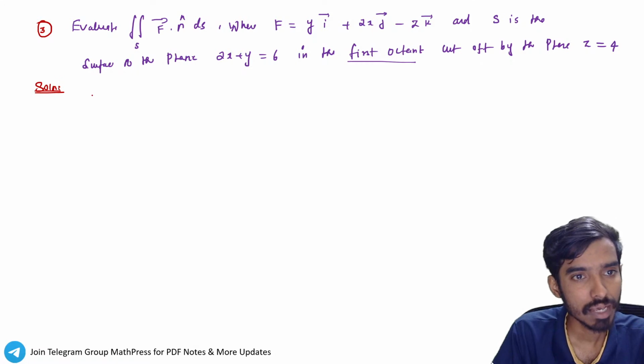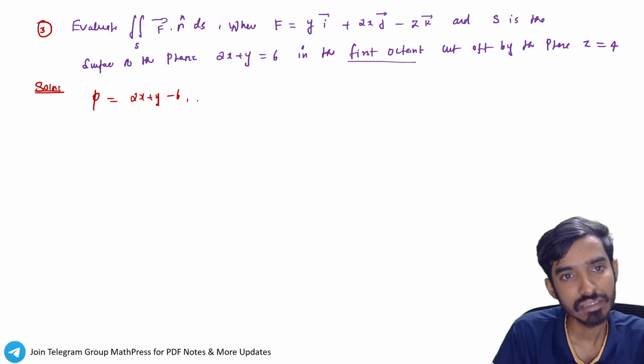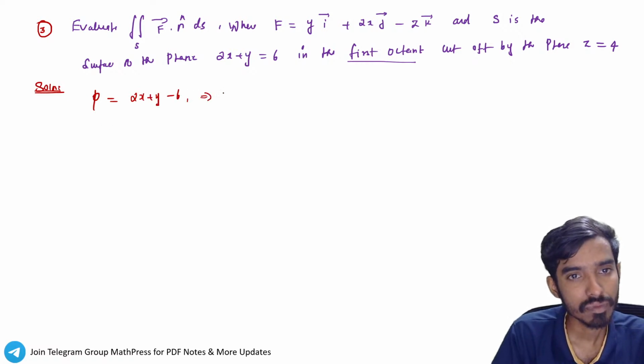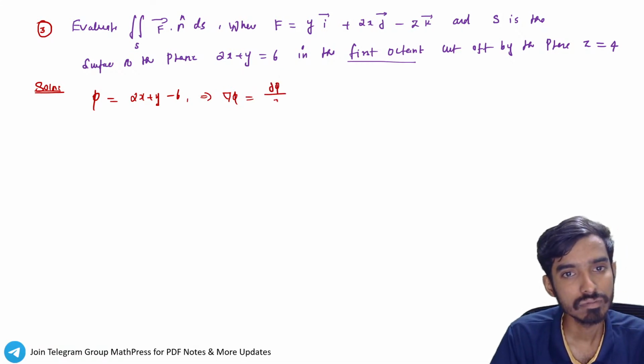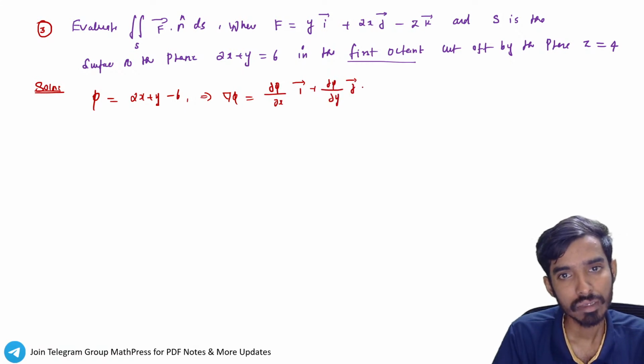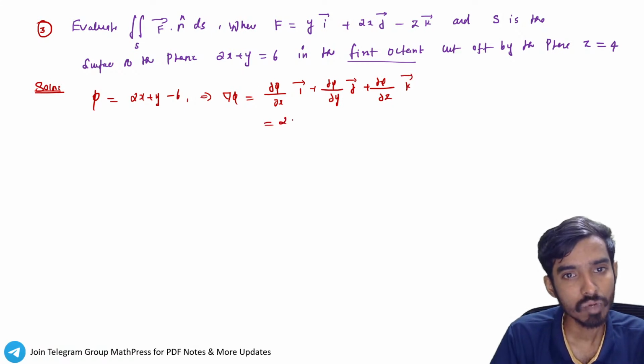Again, what is the surface here? The surface here is phi equals 2x plus y minus 6. Now we will find del phi. Del phi will be dou phi by dou x i vector plus dou phi by dou y j vector plus dou phi by dou z k vector. So dou phi by dou x will be 2 i vector.